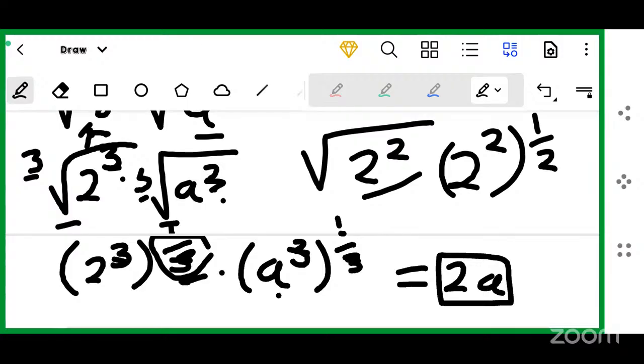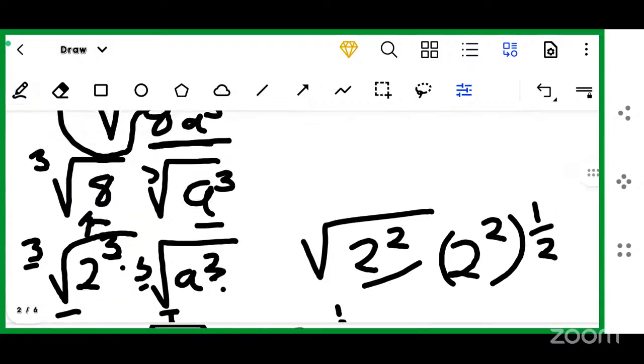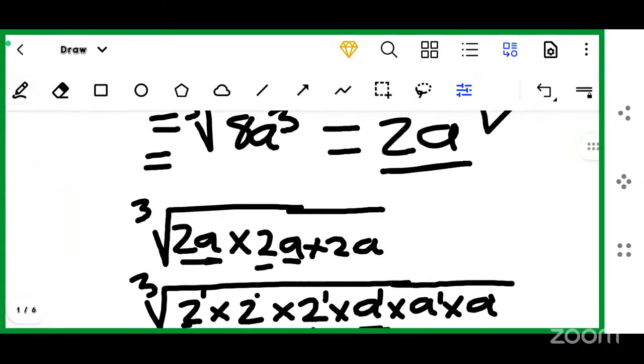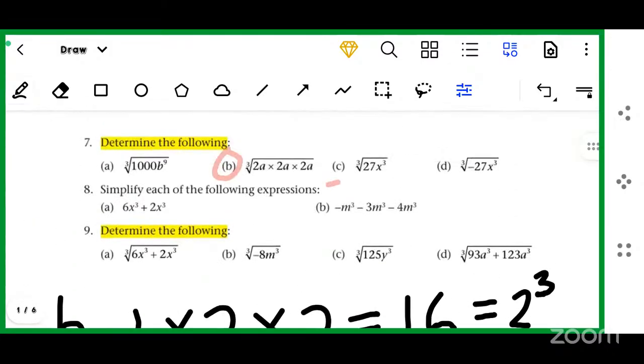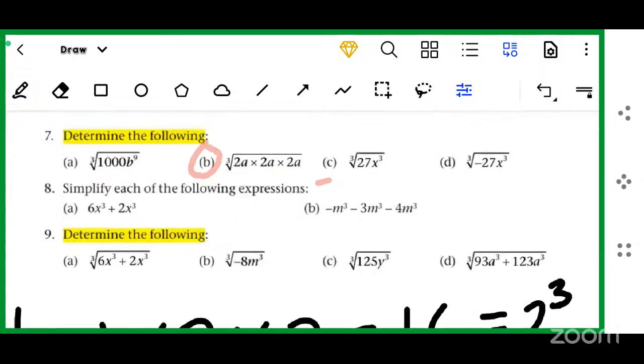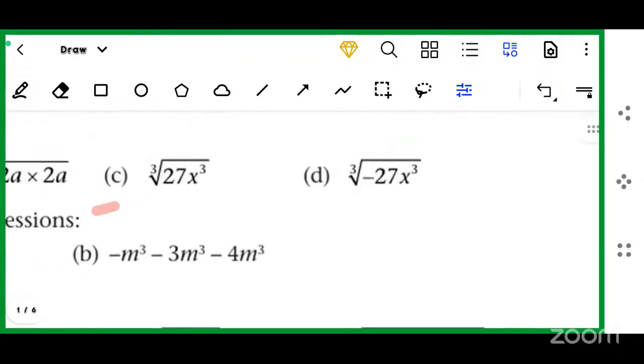Got it, ma'am. Okay, do you think you can tackle D for us? Yes, ma'am. Okay, you can tackle it, or let me know if you want us to work it together while you tell me what to write.